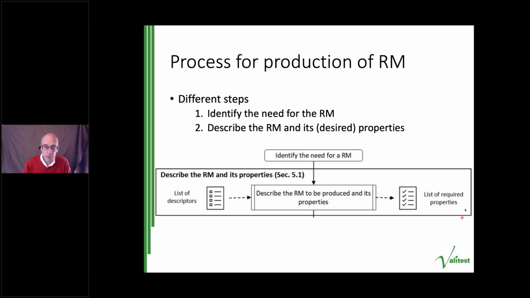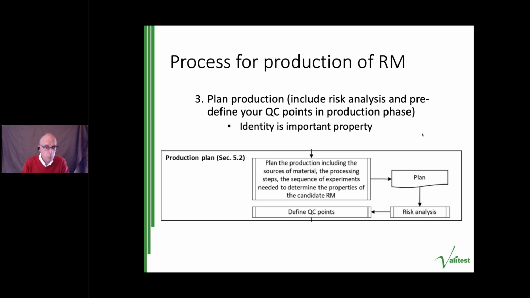You need to list them, right? So you know in advance what is required when you really start using your reference material. Once you've done that, you can go to the planning of your production of your reference material.